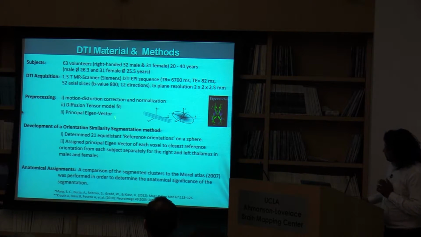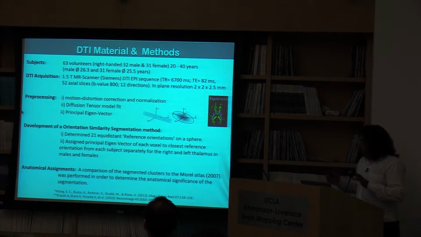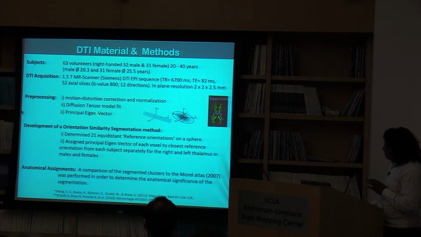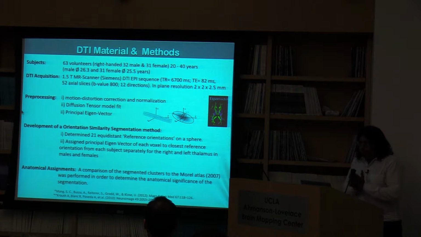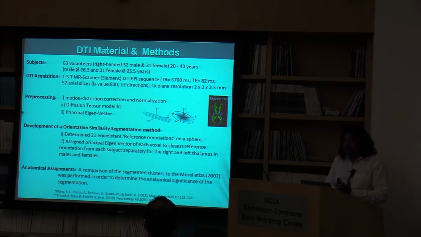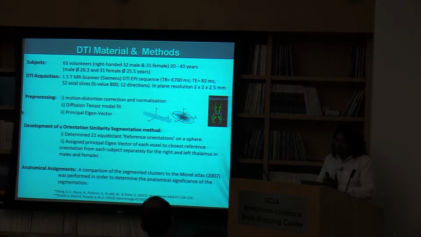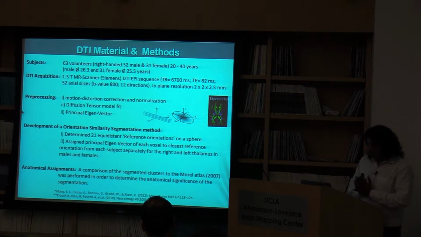In the method, at first we determined 21 equidistant reference orientations on a sphere, and in the next step we assigned each voxel's principal eigenvector orientation to the closest reference orientation for each subject, for right and left thalamus, in the male and in the female group. And finally, we compared our segmentation results with the histology atlas of the thalamus to determine the anatomical significance of the segmentation.